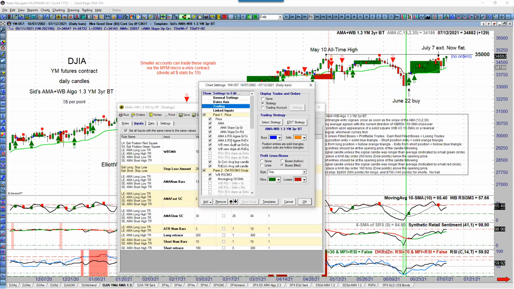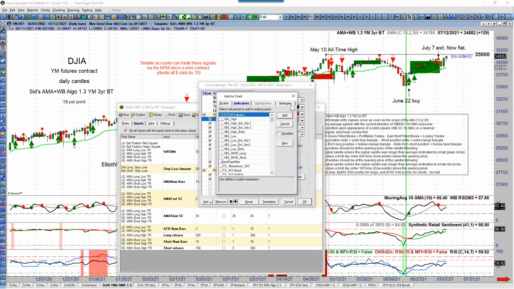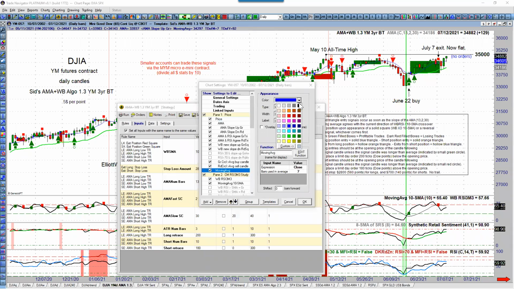Let's see what moving average would be pretty close to this particular setting on that adaptive moving average. So we'll go to moving average, and we'll add a moving average onto the chart. Let's go with a 20 and see.